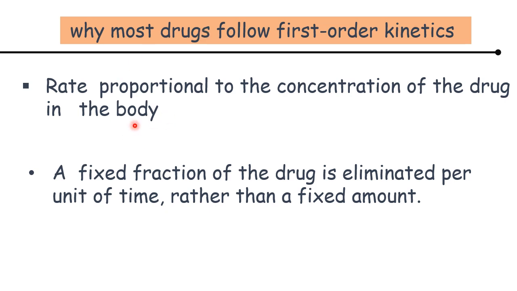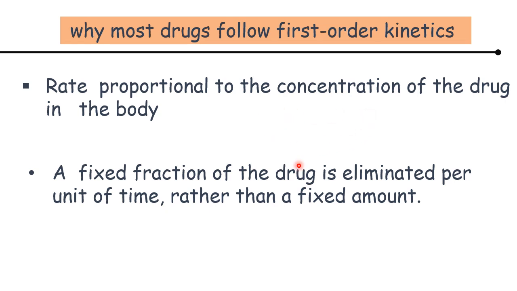is eliminated. For example, let's consider the commonly used painkiller acetaminophen. When someone takes a standard dose of acetaminophen, the drug is absorbed into the bloodstream and distributed throughout their body. As the liver metabolizes the drug, it is broken down into active metabolites and eliminated from the body.